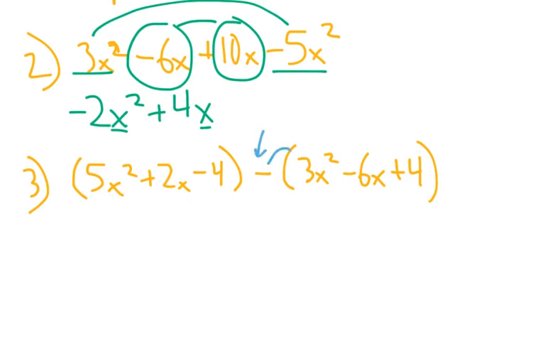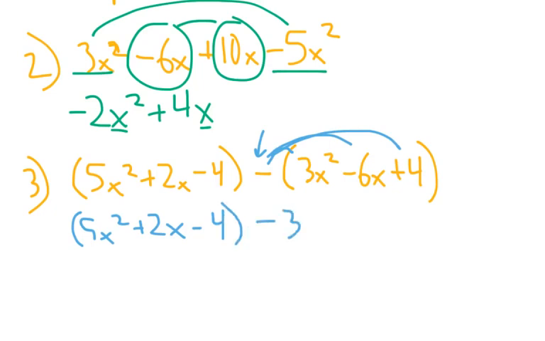We need to distribute it to all of these terms. And so I'll rewrite everything. 5x squared plus 2x minus 4. Now, minus 3x squared plus 6x minus 4. That's the trick. Make sure that you distribute the negative sign to all of them.